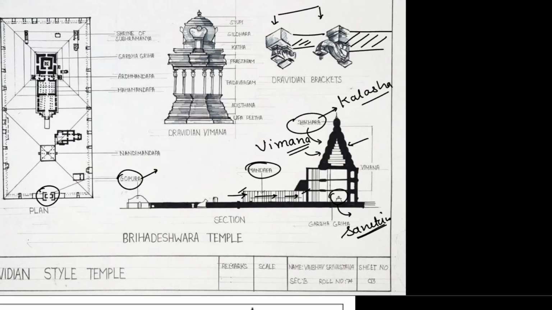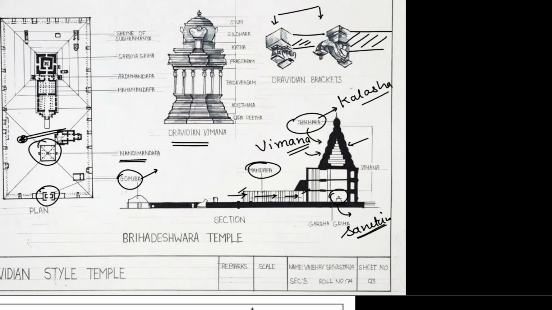And these gopurams in some temples are very elaborated, very artistically designed, and are architectural marvels, a sight to behold. Then there is a Nandi Mandapa, often found here, and a pillar is also located in this part of the temple, an elaborated pillar like this. And the higher the pillar, the more it tells about the glory of the temple.